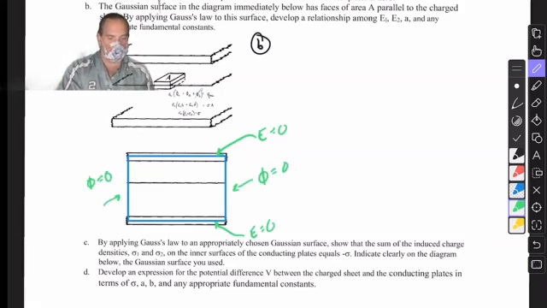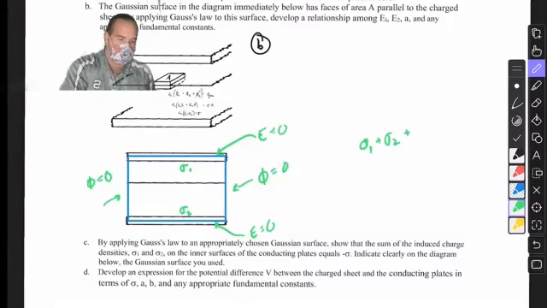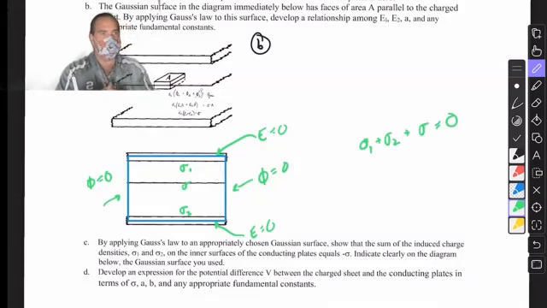So the total enclosed charge has to be 0. That's what gives me that sigma 1 and sigma 2 have to sum with sigma to give us 0. Because I'm enclosing the plate with a charge of sigma.